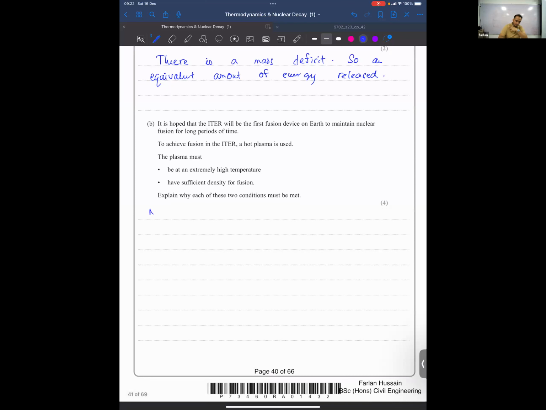Nuclei should have high kinetic energy to overcome repulsive forces and fuse together.